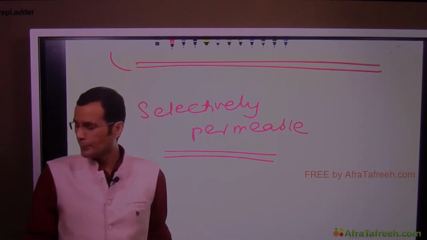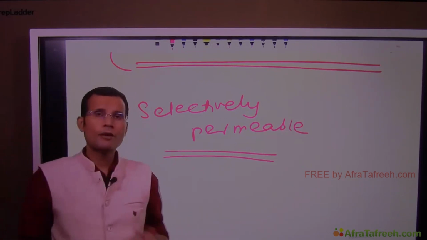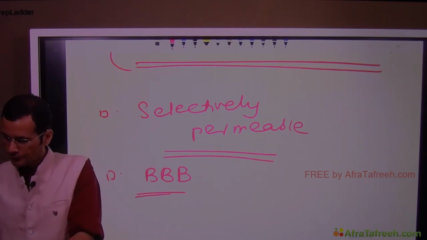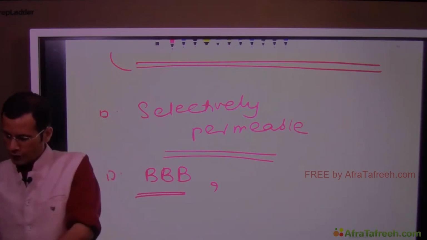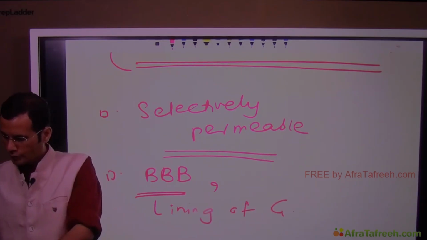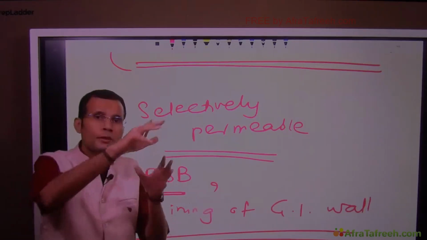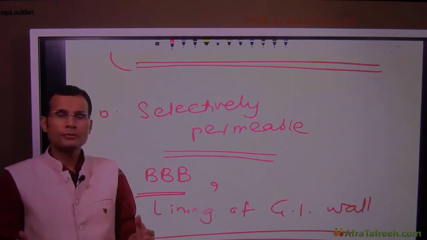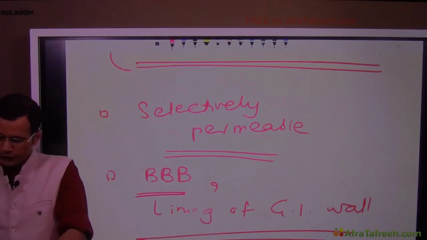So let's take the example where these are found. Tight junctions are found in the blood-brain barrier, selectively permeable, or the epithelial lining of the GI wall. We saw that the smooth muscle in the wall of the GIT has gap junctions, but the lining of the GI wall has tight junctions.